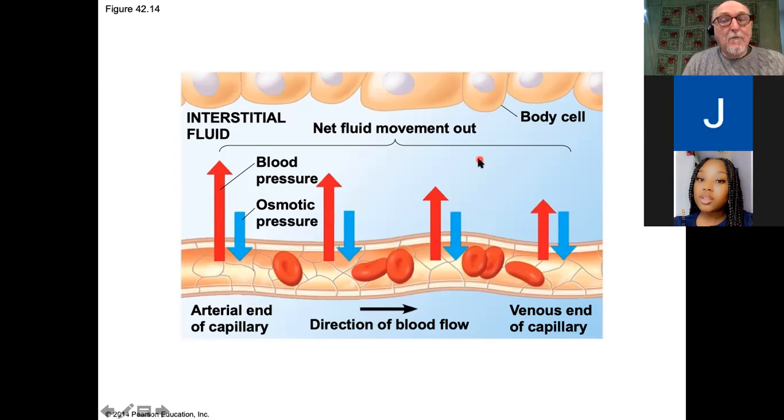I will tell you right now that we do obviously get a certain amount of flow back in through osmotic pressure, but the rest of the fluid, the extra fluid that is percolating out of the capillaries into the tissues, is actually gathered up by a system of lymph ducts. That is their responsibility. The lymphatic circulation picks up the serum and recirculates it. And when we talk about the immune system, we'll see exactly how that is done.